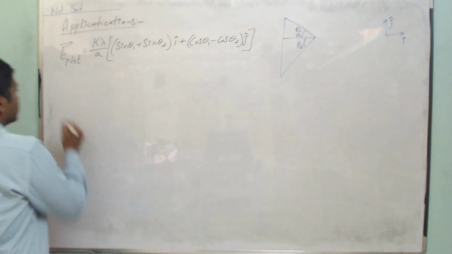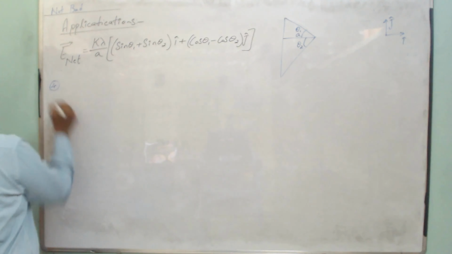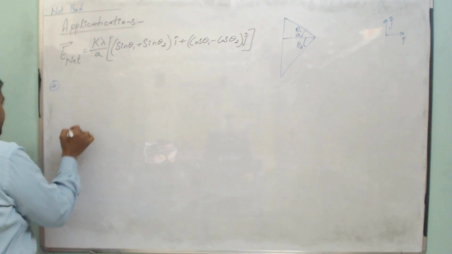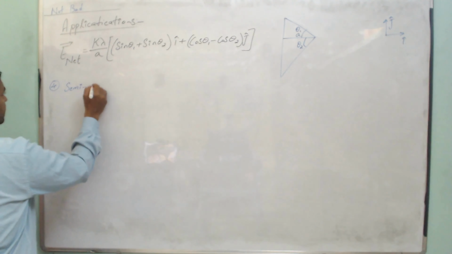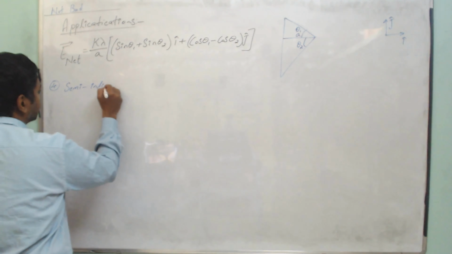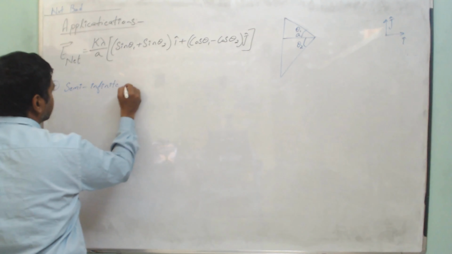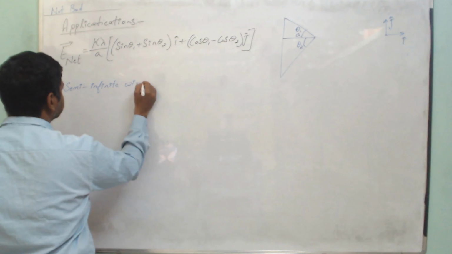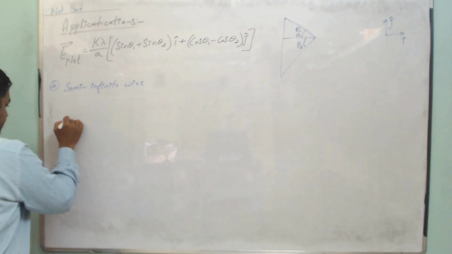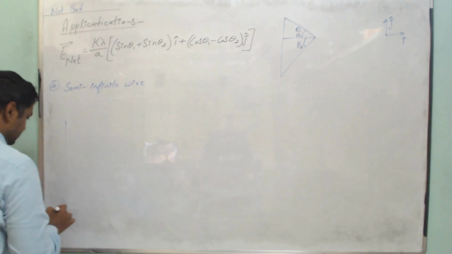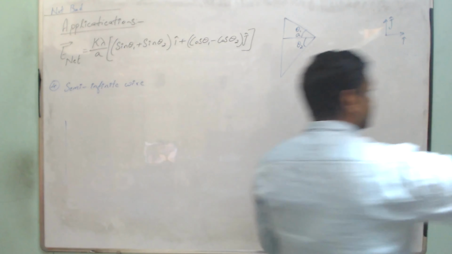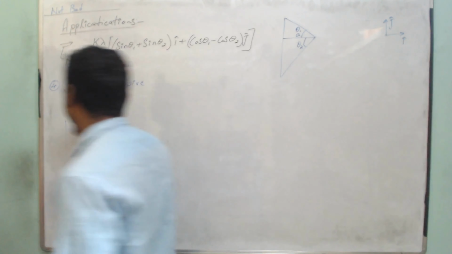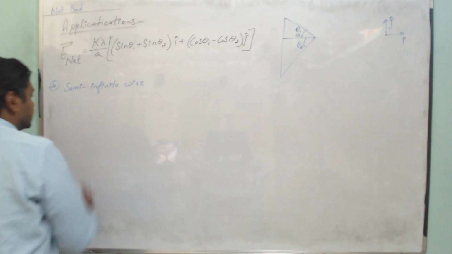Okay, so fourth question. So slight change over here. So we are calling it a semi-infinite wire. Okay, so let us say I have a semi-infinite wire, and it is shown in the figure that the semi-infinite wire is placed along the vertical line.